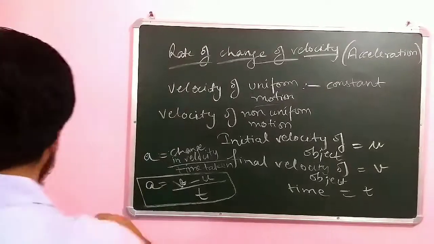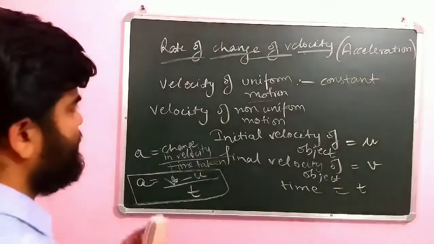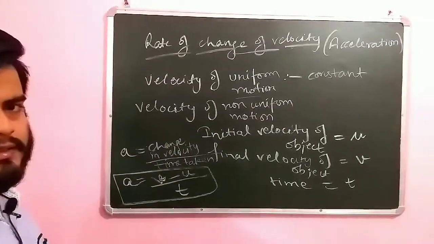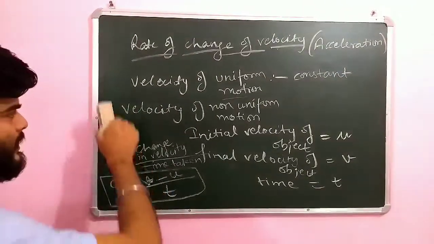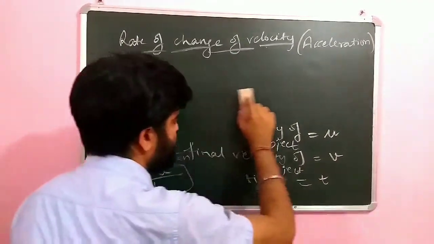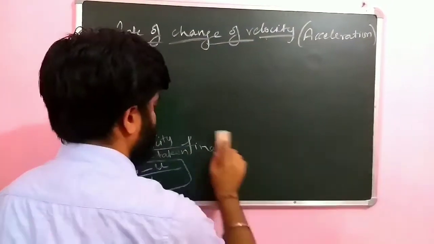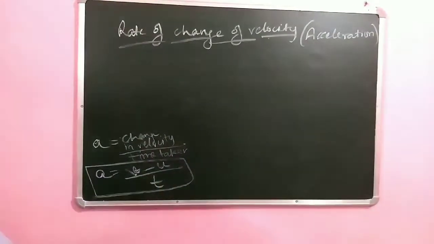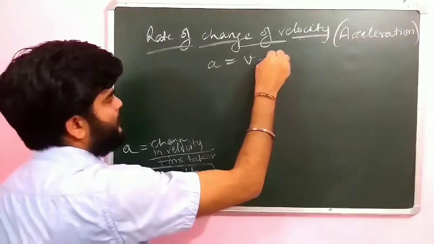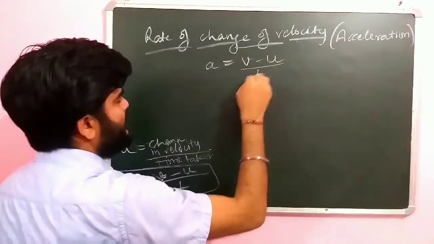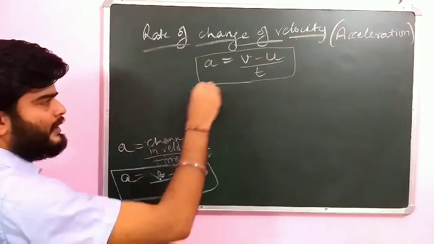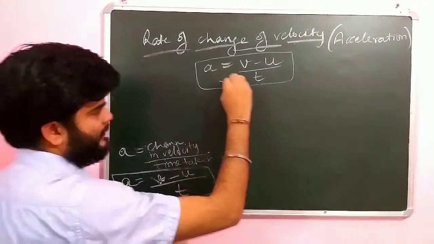Now acceleration can be positive or negative. Note it down, take a screenshot. I hope you have taken the screenshot. Let me rub it first. See, acceleration is v minus u upon t. Now acceleration can be positive and negative.